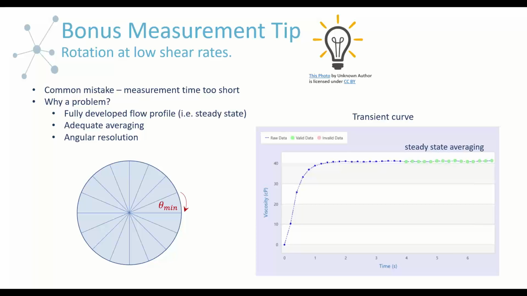So there's a particular angular distance you must move for the tool to actually know in an accurate way the rotation that's occurred. So if you're moving at very, very low rates and you don't operate for long enough, then you may very well not achieve this minimum distance that you have to move, this minimum angular distance.